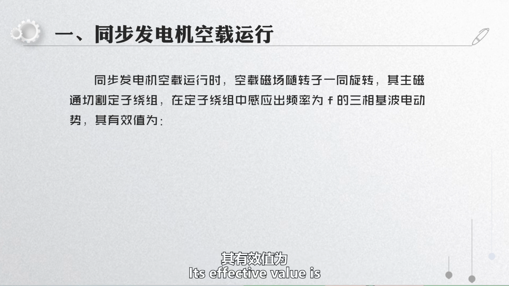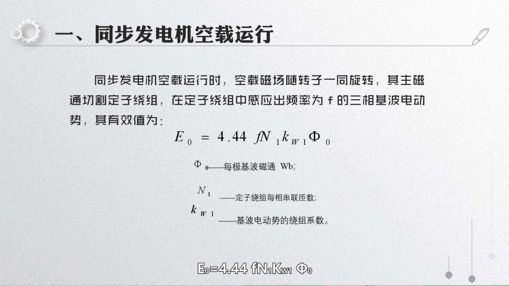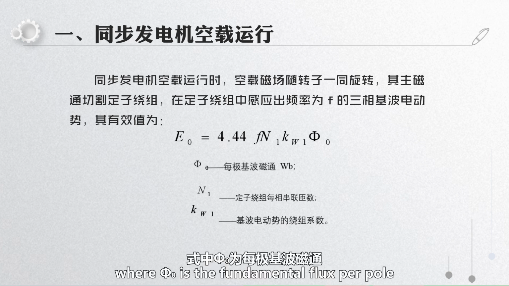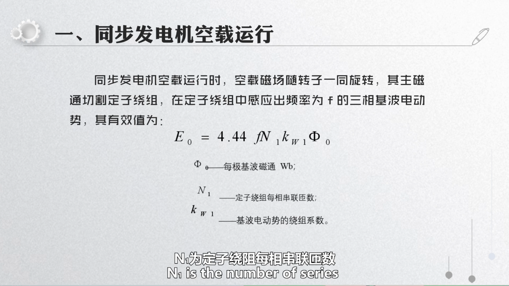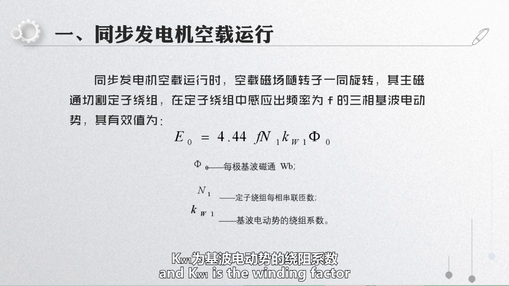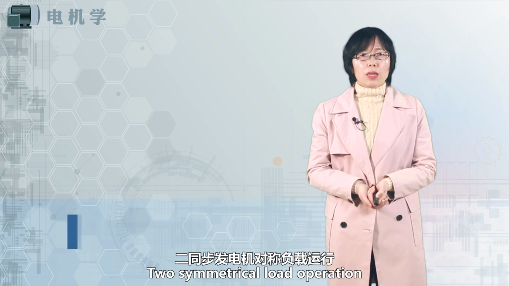Its effective value is E0 equals 4.44 f N1 times Kw1 times phi0, where phi0 is the fundamental flux per pole, N1 is the number of series turns per phase of the stator winding, and Kw1 is the winding factor of the fundamental electromotive force.